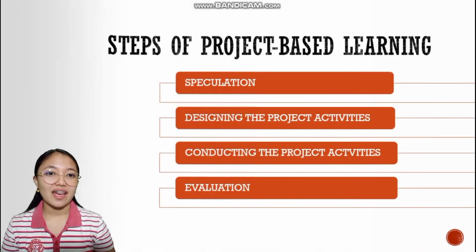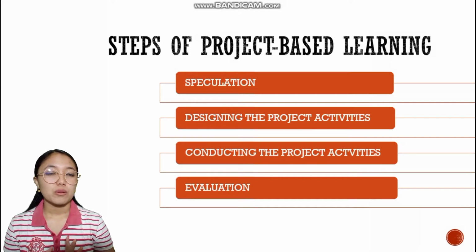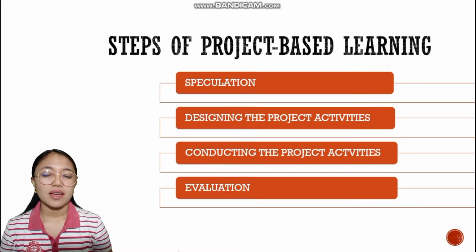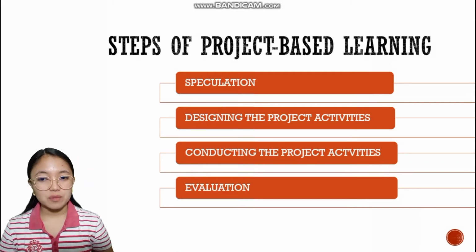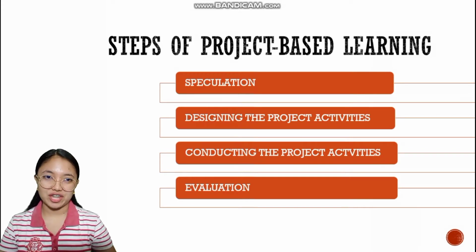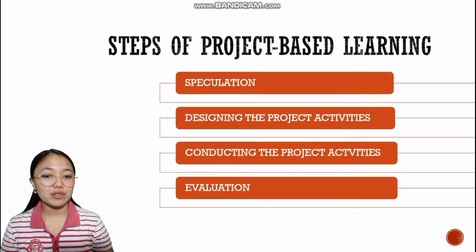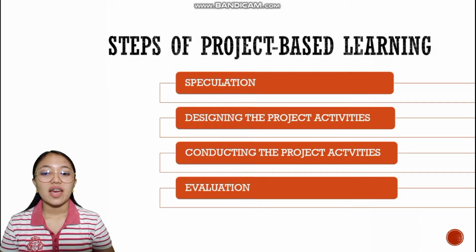Project-based learning has four steps or four procedures. The first one is speculation, designing the project activities, conducting the project activities, and evaluation.